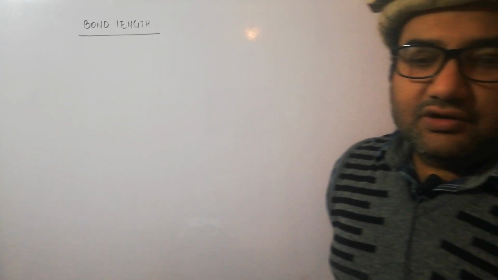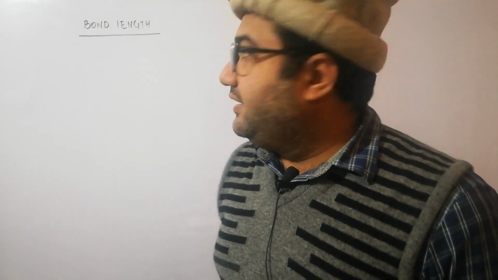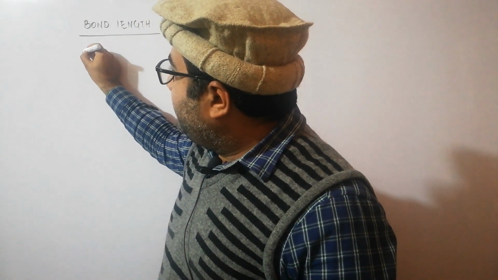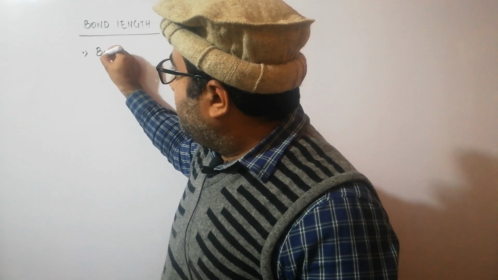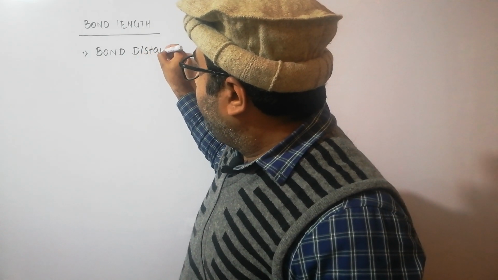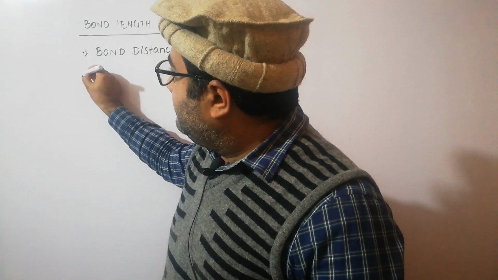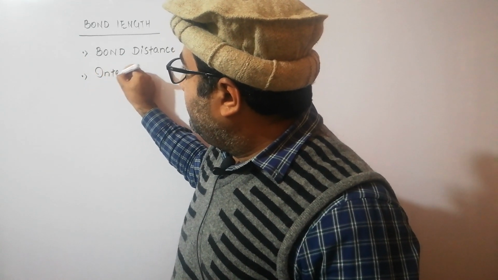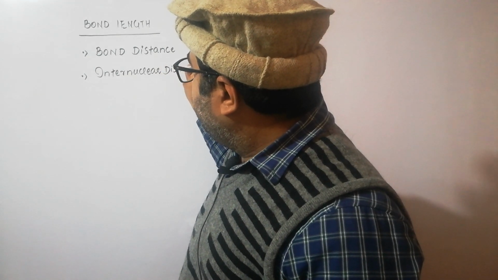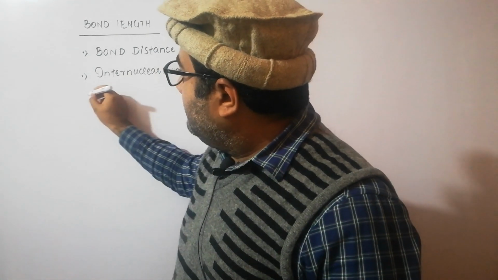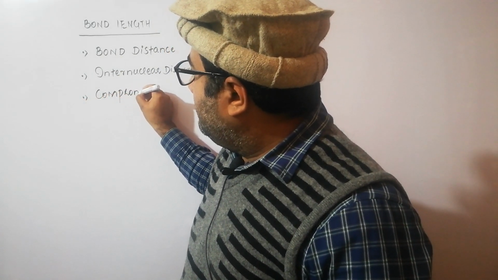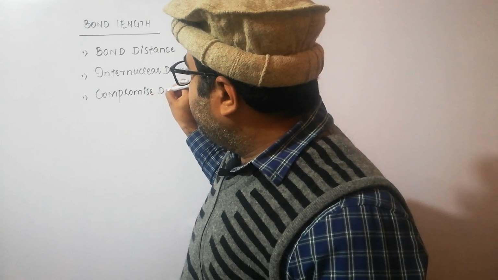We have divided this topic under different headings, and the first heading is some other names of the bond length. Bond length may also be called the bond distance, or internuclear distance, or compromise distance.